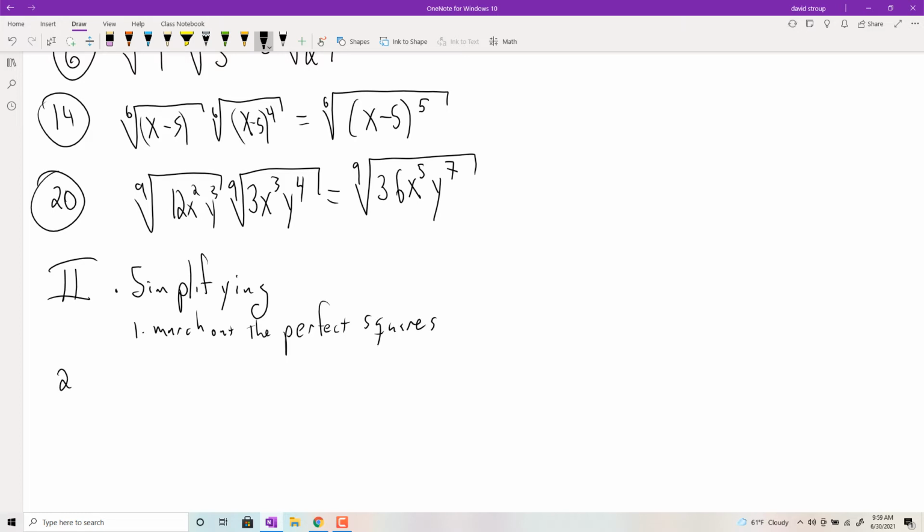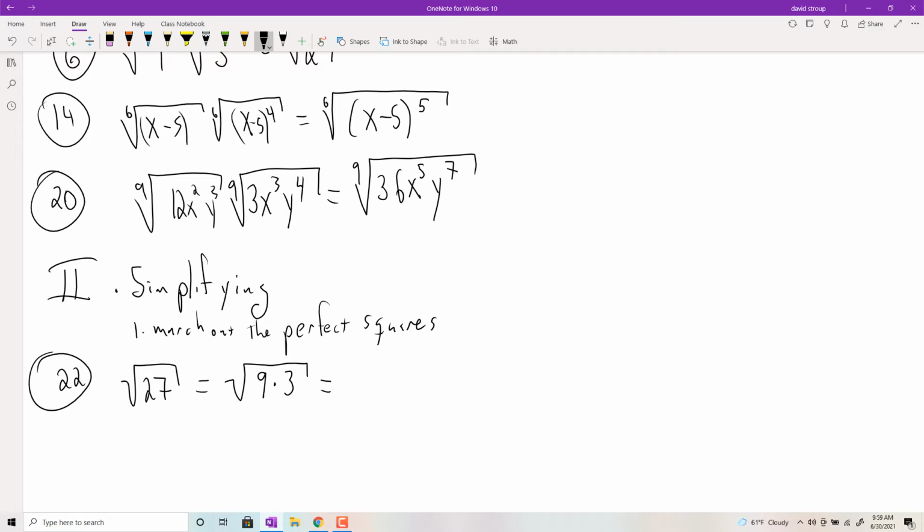Okay, let's take a look here. I got 22. Let's say our product resulted in the square root of 27. What we're going to do is factor 27 into 9 times 3. Then you can quote unquote march out the square root of 9.